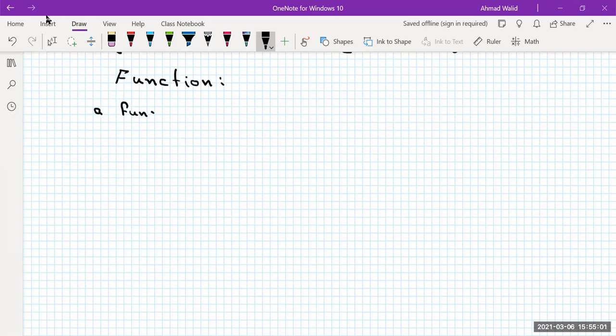A function is a relation. The basic definition of a function is a relation.